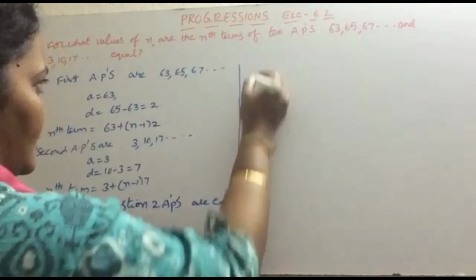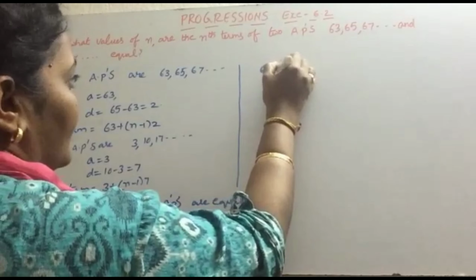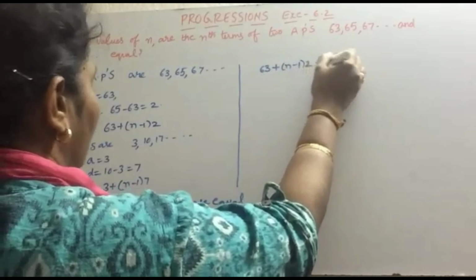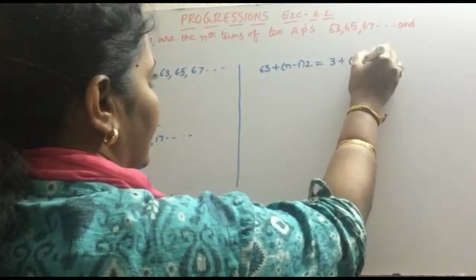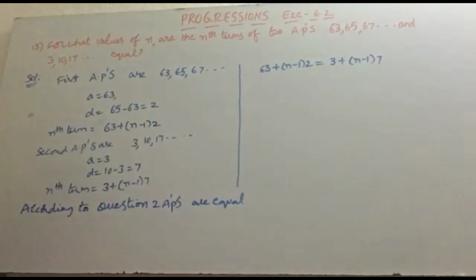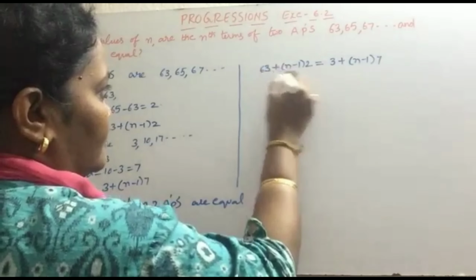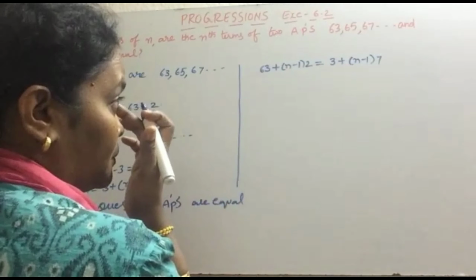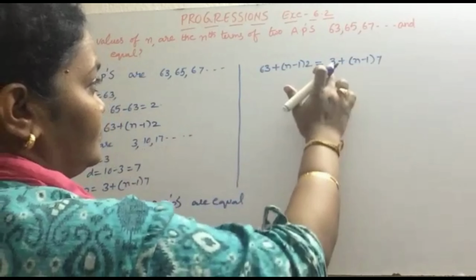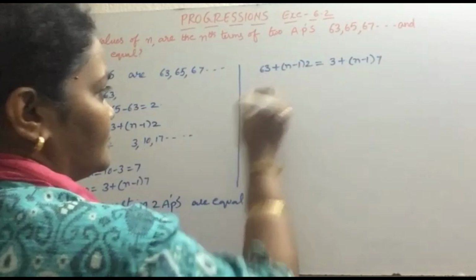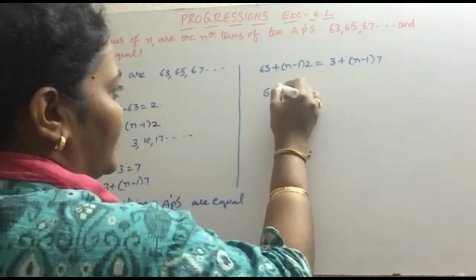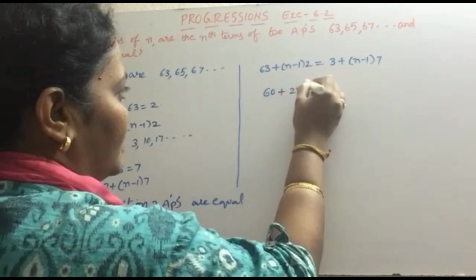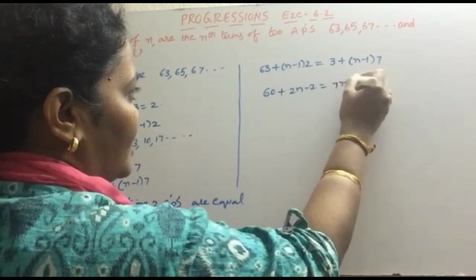That is 63 plus n minus 1 into 2 equals 3 plus n minus 1 into 7. 63 plus 2n minus 2 equals 7n minus 7.